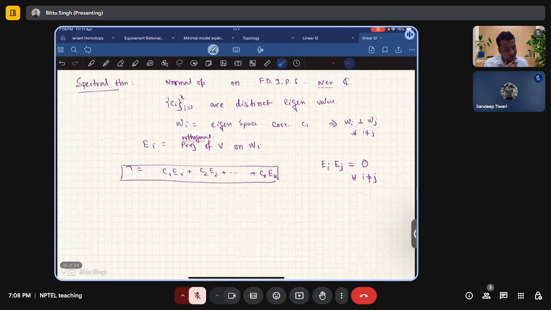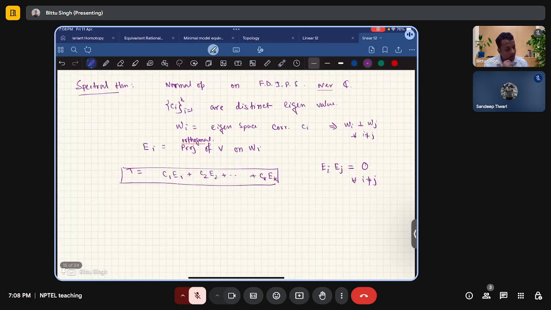So what is spectral resolution? It is defined like this.